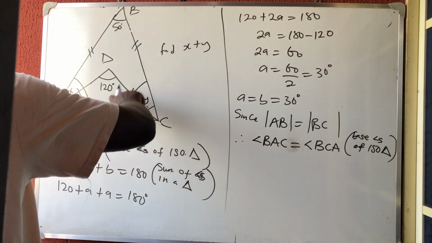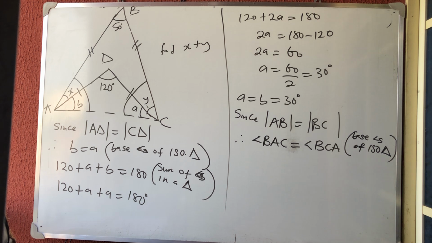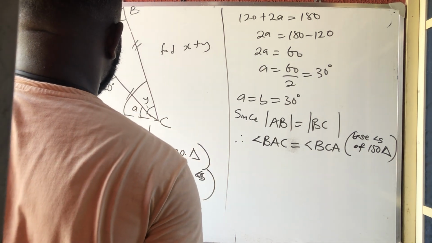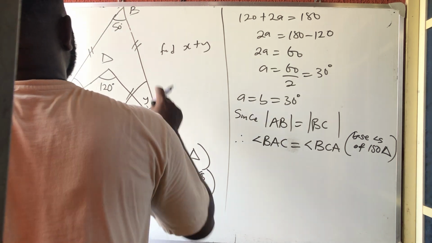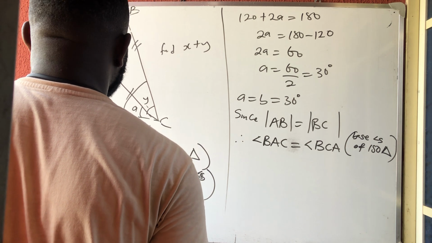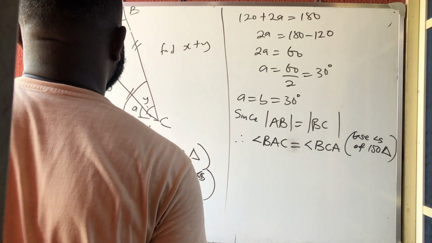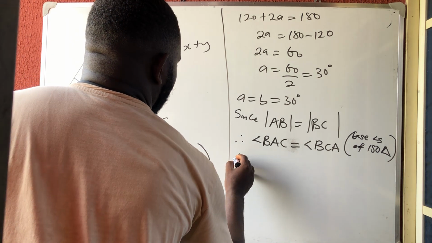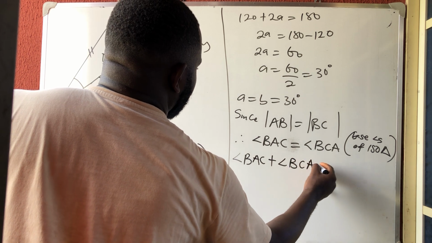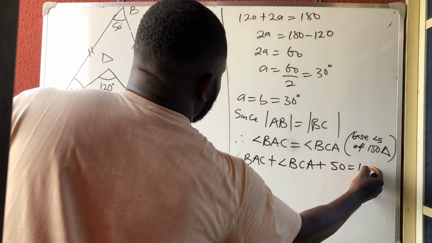But when we add everything here, it is the sum of angles in a triangle, is it not? I want to check something. Okay, so let's do that and see what we are going to get. Let's add everything here. I'm having that angle BAC plus angle BCA plus 50 is equal to 180 degrees.